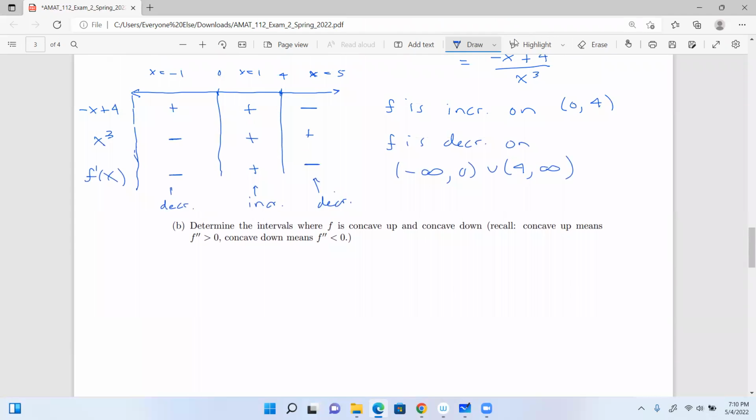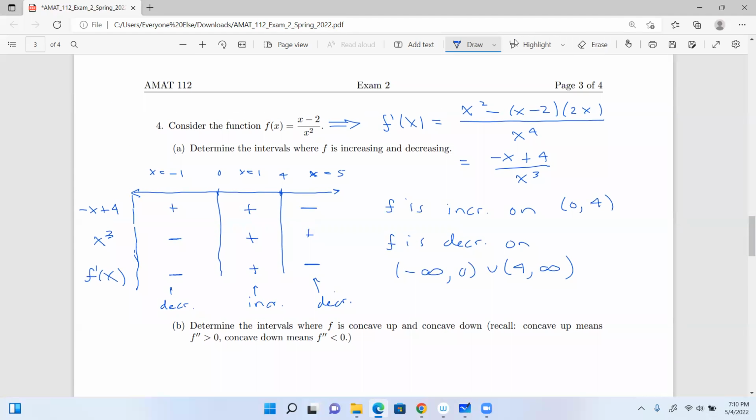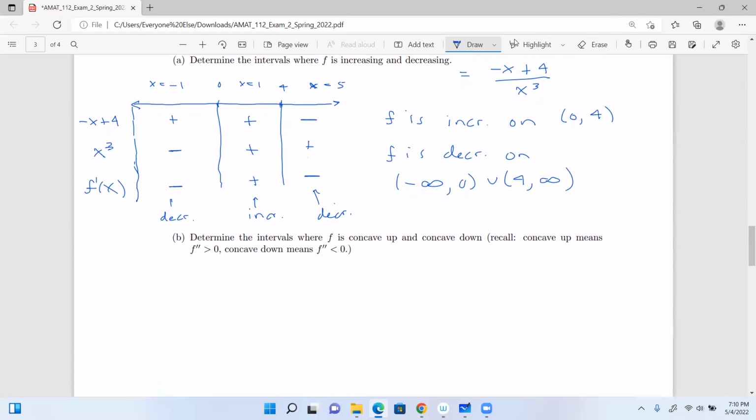And now we need the second derivative to determine where it's concave up and concave down. So we're going to differentiate this expression right here. So we use, sorry, not the product rule, the quotient rule.